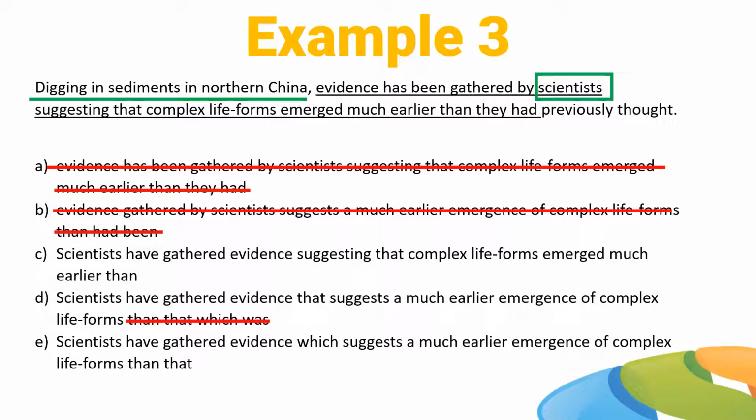So between C and E, which do we prefer? C has a structure that we are highly attracted to. Complex life forms emerged. It has a subject followed immediately by a single active verb. That is super efficient. Compare that to a much earlier emergence of complex life forms.